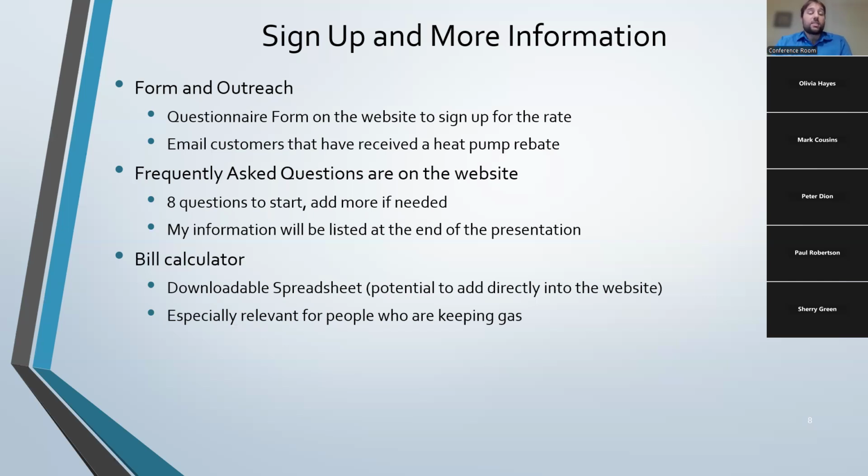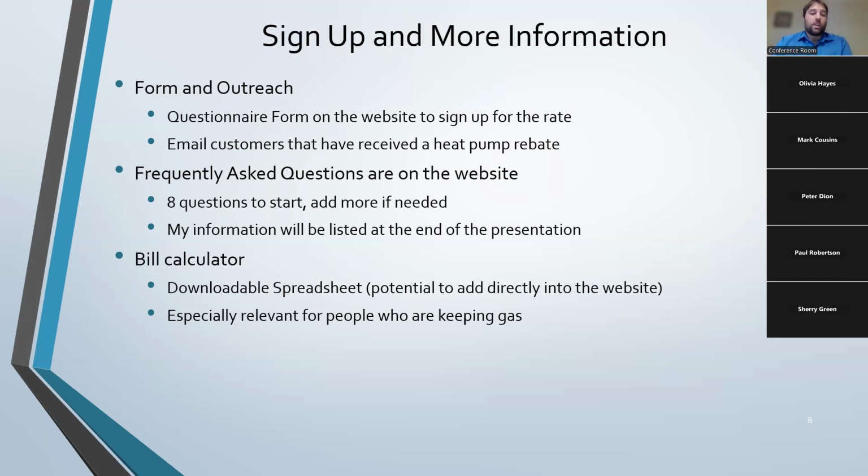But again, there's also a calculator on the website. It's a downloadable spreadsheet, and we're going to try to look into adding something like a web page. We're still working on that. But for now, there's a downloadable spreadsheet. You can put in your actual usage numbers and look at the different rates.